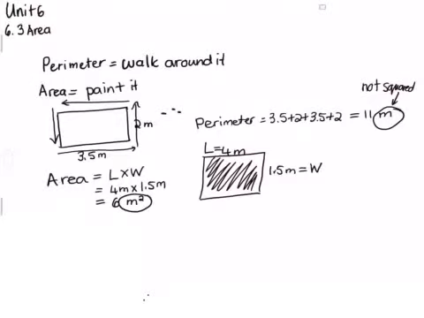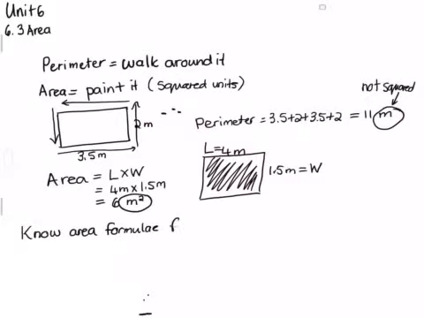So area is always in squared units. Units is whatever it's measured in. Meters, inches, centimeters, etc. So I want you to know the area formulae for the basic shapes.